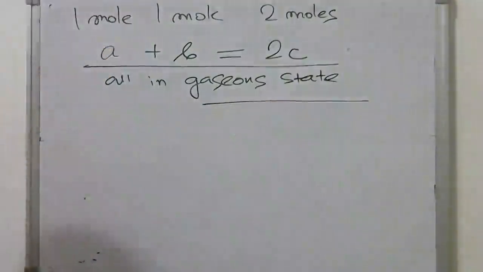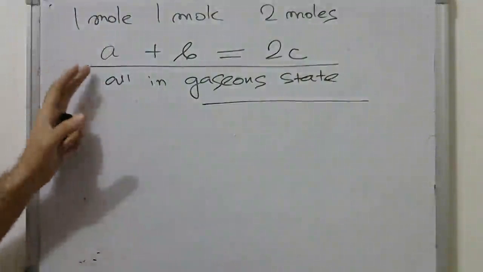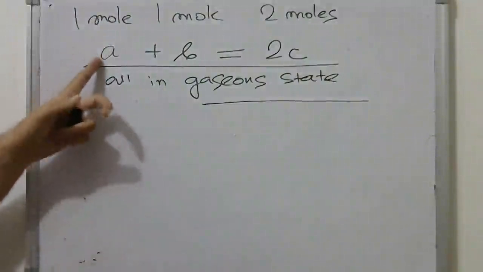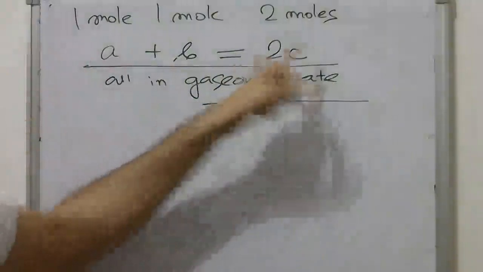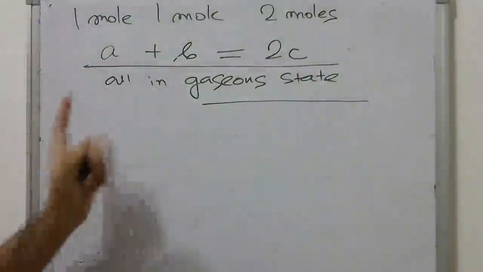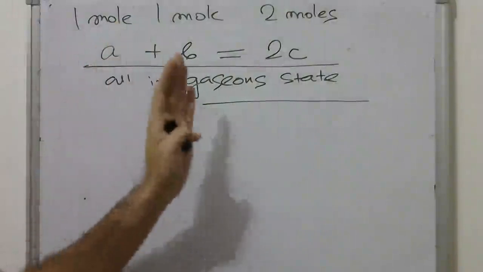So in a reaction chamber there is 1 mole of A gas, there is 1 mole of B gas, which gives rise to 2 moles of C gas. So let's say it's a spontaneous process.